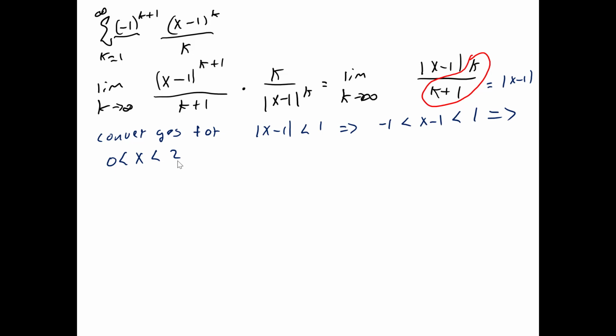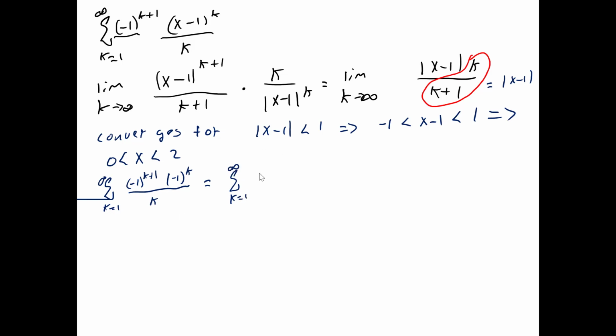And so to check those, we substitute in 0 for x, and we end up with this series, summation from k equals 1 to infinity of negative 1 to the k plus 1 times negative 1 to the k, all divided by k. Now this becomes the summation from k equals 1 to infinity.